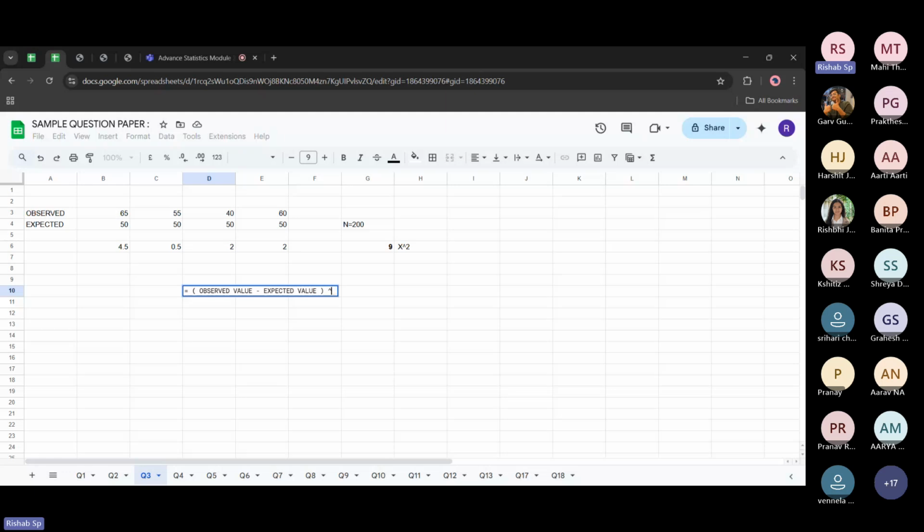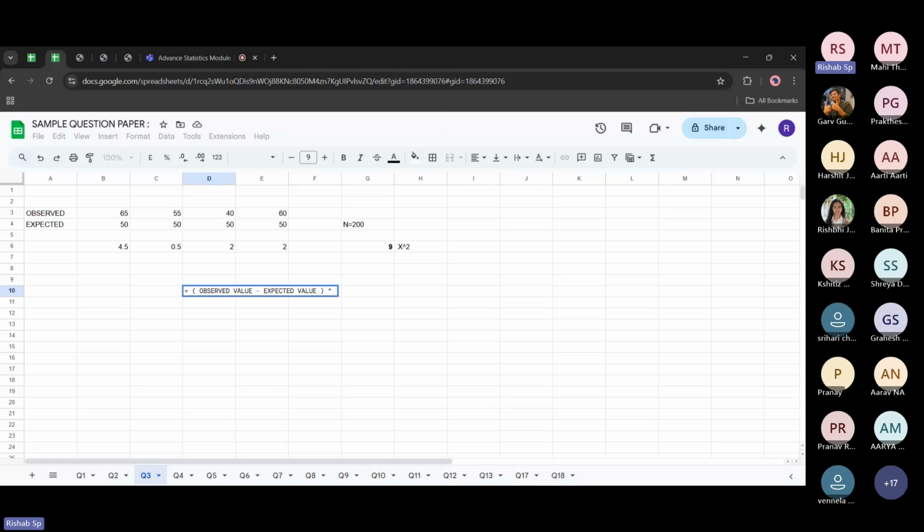Observed value minus expected value divided by expected. This is an equation which we have learned in module 1. What are the steps to find the chi-square value? Number 1, we'll be having a table. Number 2, we'll find the expected frequencies. Number 3, we put those into an equation to find the chi-square value.